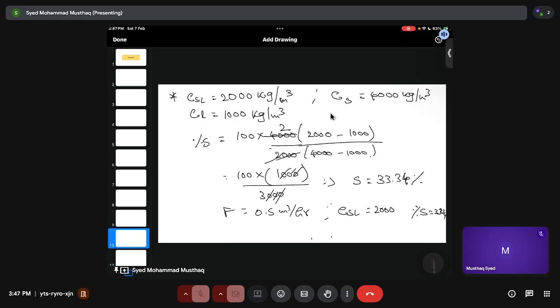Then the mass flow rate of the solid in your slurry, m dash, equals 0.5 into 2000 into 33.34, which gives 6668 kg per hour, right? So that's all.